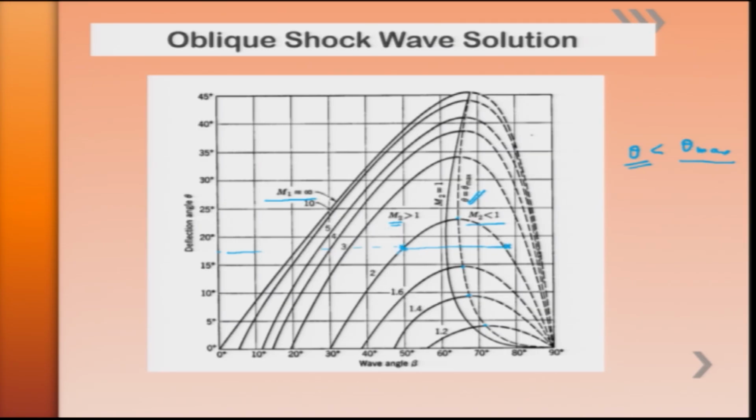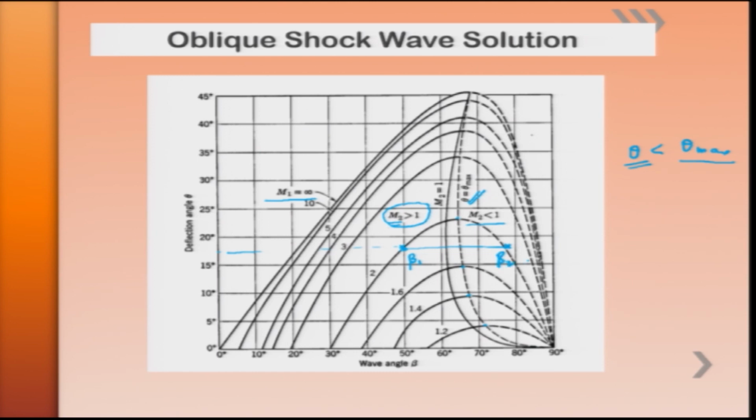That means for a given theta and a given M1, we can obtain two wave angles, that is, two beta values. One beta value lies in the zone where M2 is greater than 1, that is, the solution obtained downstream is supersonic, whereas the flow obtained for the other beta, which is higher than the first beta, if I say this is beta 1 and this is beta 2.